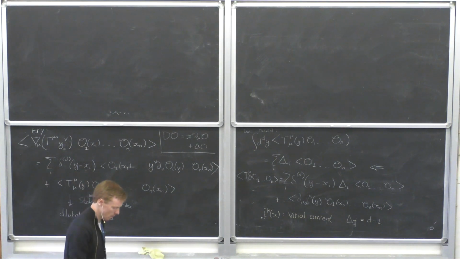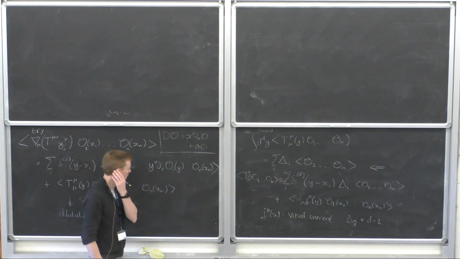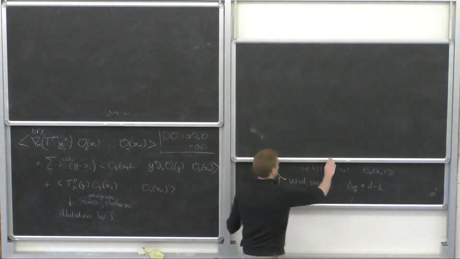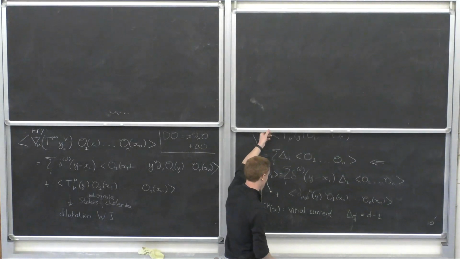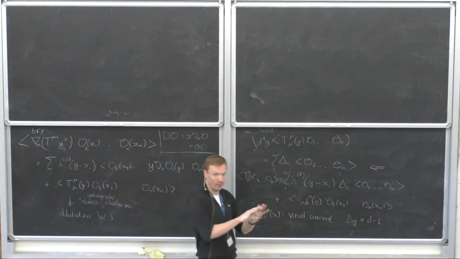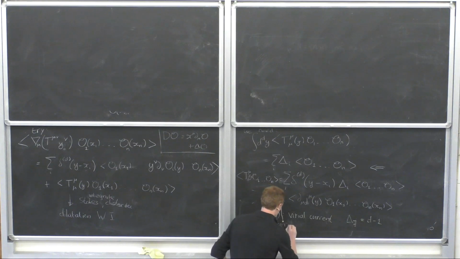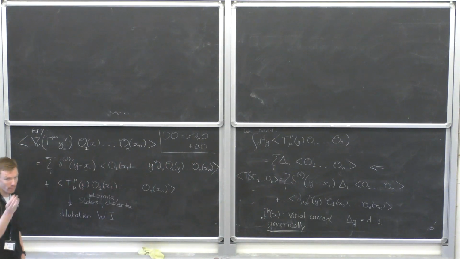Now we're just going to wave our hands a little bit and say that two things can happen. First of all, the quick argument is just to say that generically there's no reason that such a virial current should pop up in your list of operators.